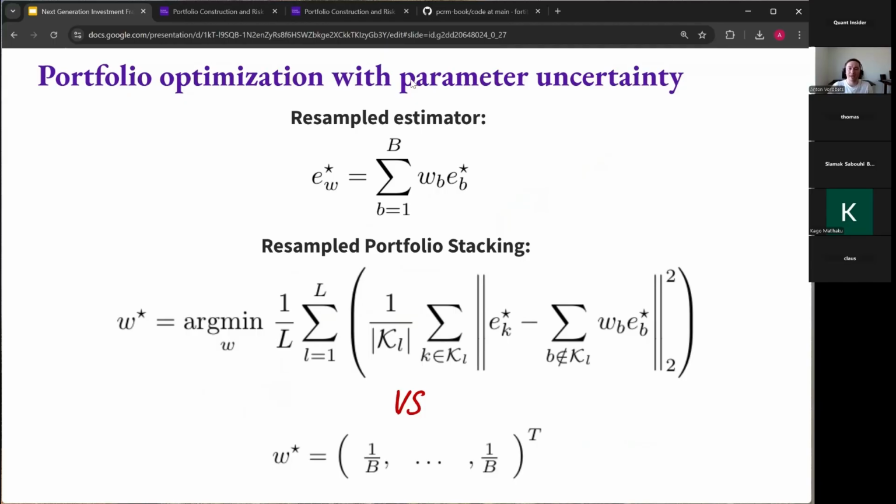So in this article, we show that it actually corresponds to a naive way of stacking, and then we come up with a better suggestion for how you can find these sample weights. So you can imagine something like, you have a portfolio with the same constraints, with the same risk target. You introduce parameter uncertainty, you optimize it 1,000 times, and then you need to figure out how to weigh these portfolio samples that you have. So this is what we do here with this resample portfolio stacking method.